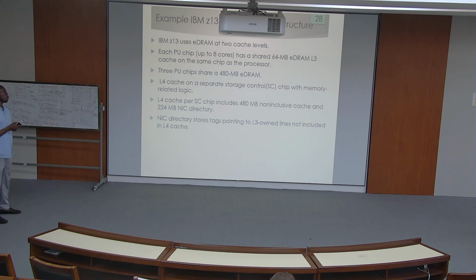The level 4 cache memory for the storage control includes a maximum of 480 megabit, which does not include the cache size as well as the 224 MB NIC directory. This directory stores the tags pointing to the level 3, but does not include the level 4 cache.